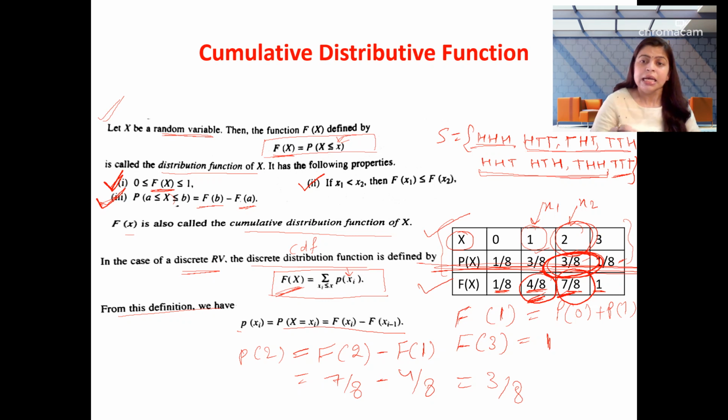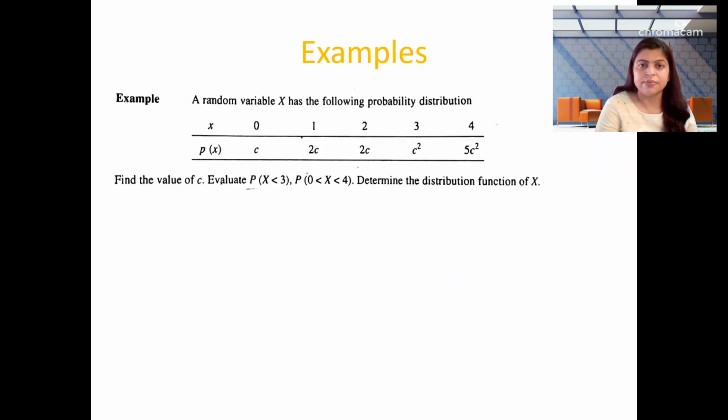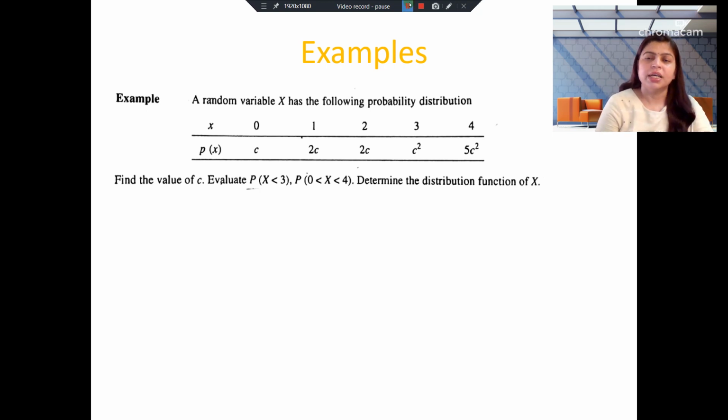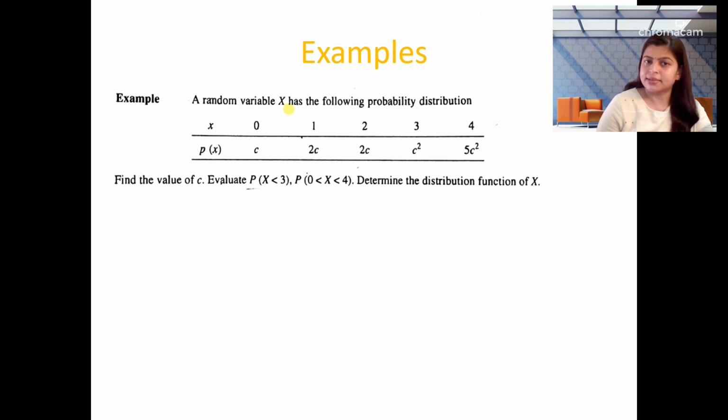I will give you a few more examples that can be asked in your examination. So this type of questions can be asked in the examination. So let's see whatever is written here. In this example you can see a random variable x has the following probability distribution.